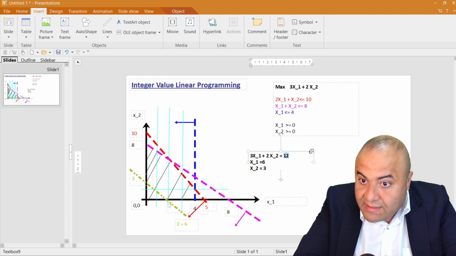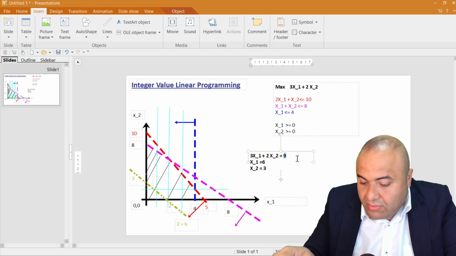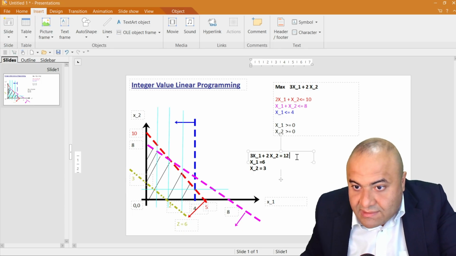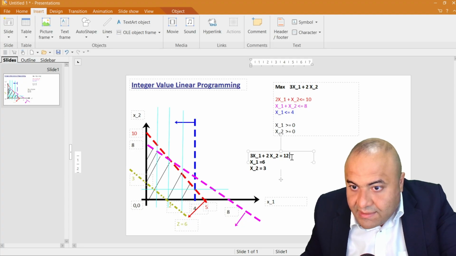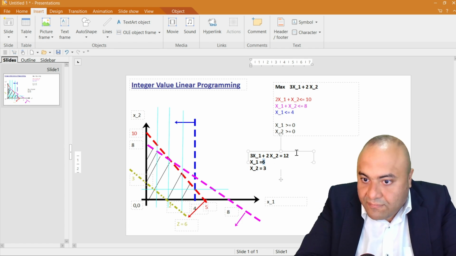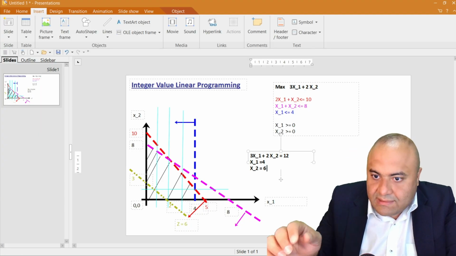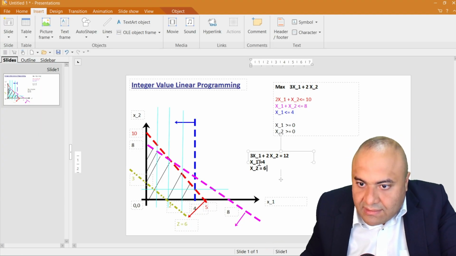We said 9, but 9 is also off limit. Okay, let's put 12. 12 is a good number. Let's say x1 will be 12 over 3, it will be 4, and x2 will be 6. So this is the number.